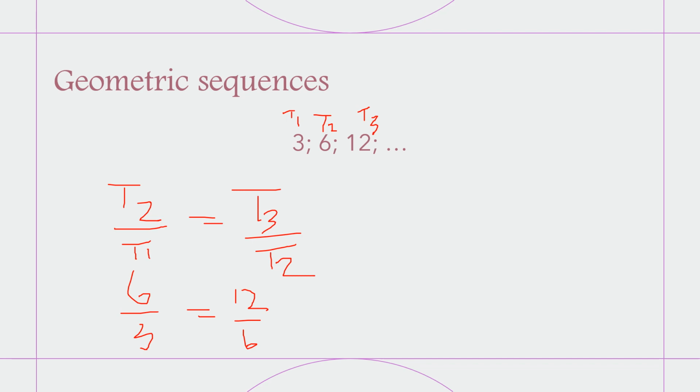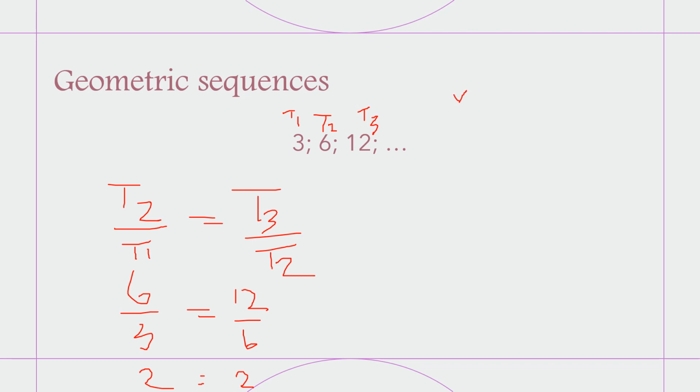So 6 divided by 3 is equal to 2, and also 12 divided by 6 is equal to 2. Now we can see the ratio between two consecutive terms is equal, it is actually constant. We can conclude that we have a geometric sequence.